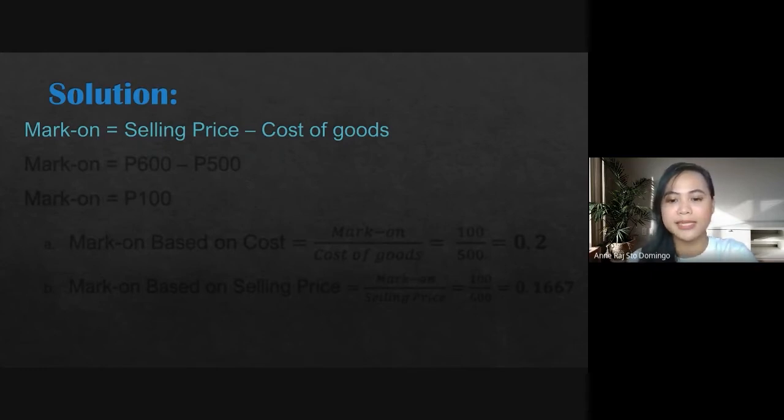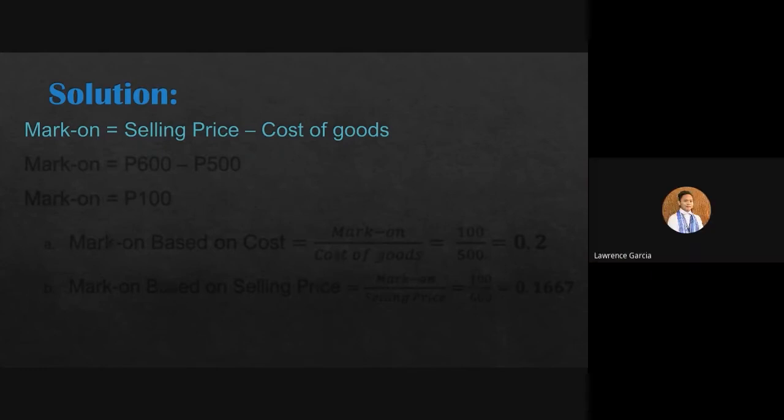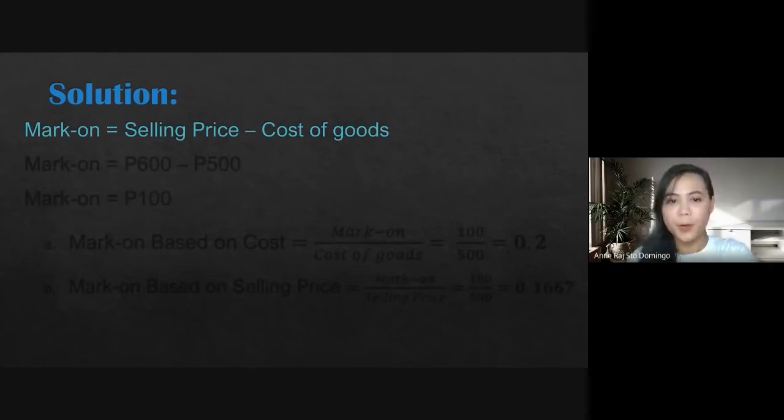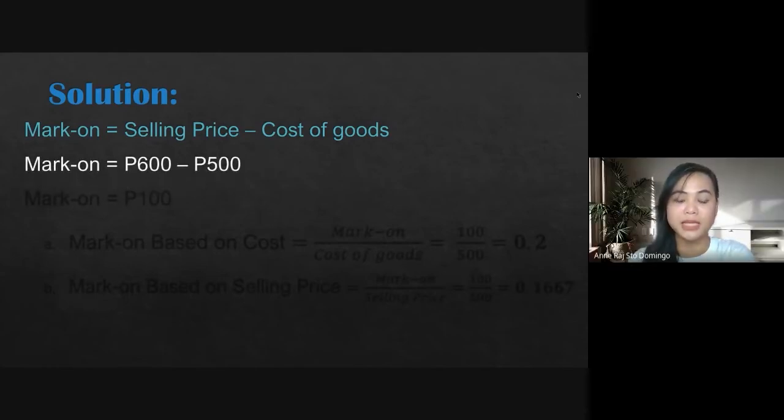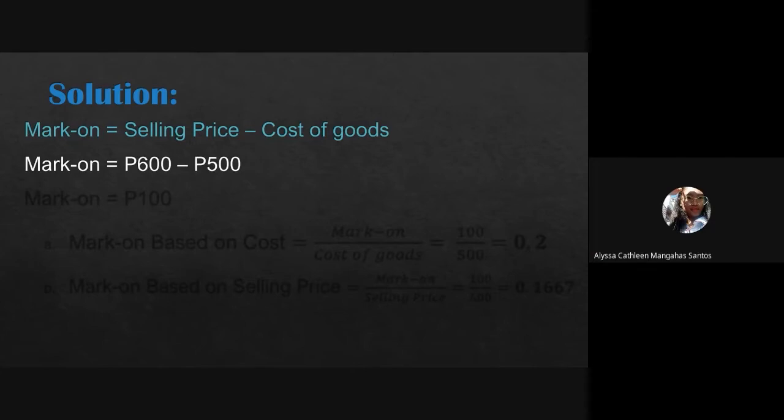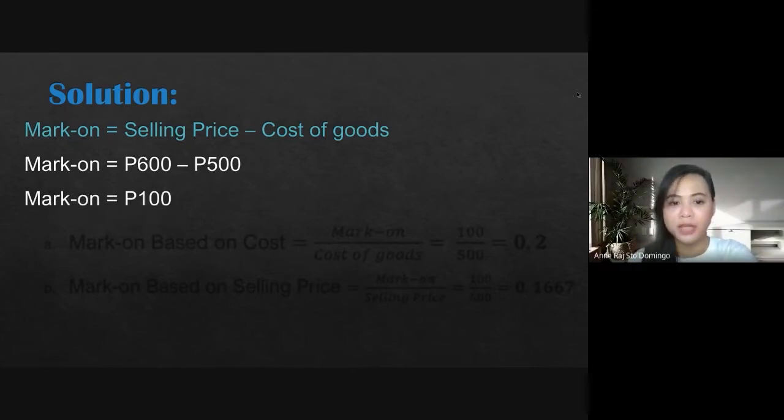Yes, Lawrence, 600 minus 500. Okay, very good. So we have the mark-on, which is the selling price, 600 minus 500, and the answer is 100. So our mark-on price is 100.